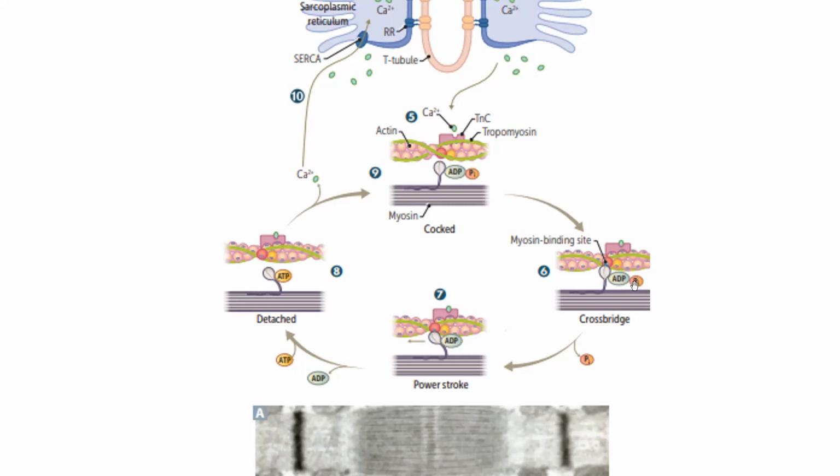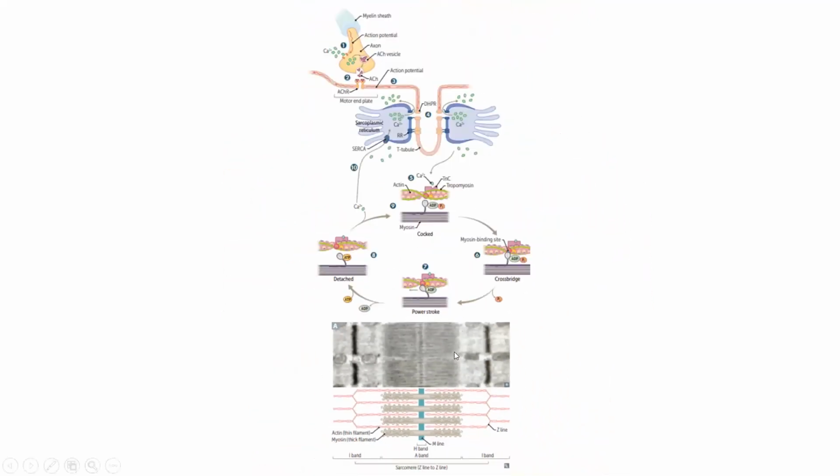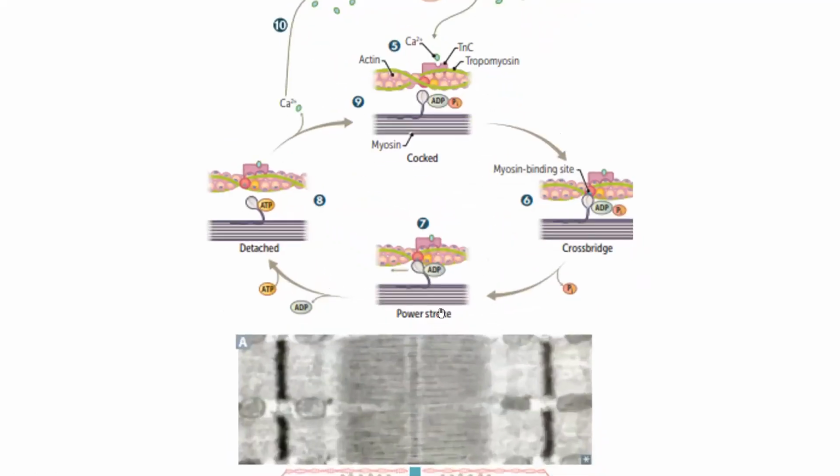And afterwards, when the phosphate detaches from this cross-bridge structure, we get what's called the power stroke, when the myosin head is now able to change its angle and to slide, which actually leads to contraction. And thus, the overlapping of the myosin and actin happens, and we get actual contraction, yeah?